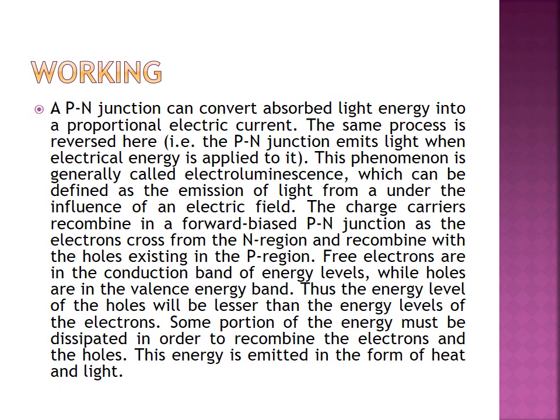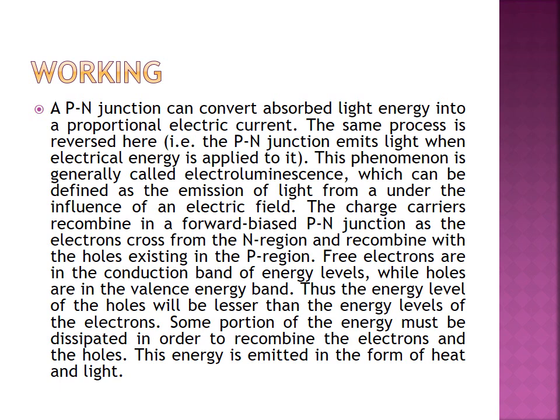Free electrons are in the conduction band of energy levels, while holes are in the valence energy band, and the energy level of the holes will be lesser than the energy level of the electrons. Some portion of the energy must be dissipated in order to recombine the electrons and holes.